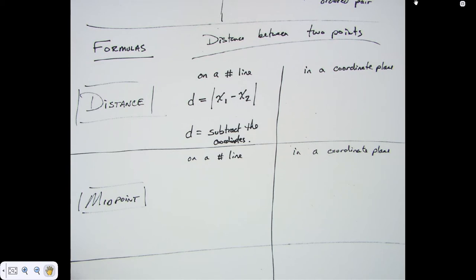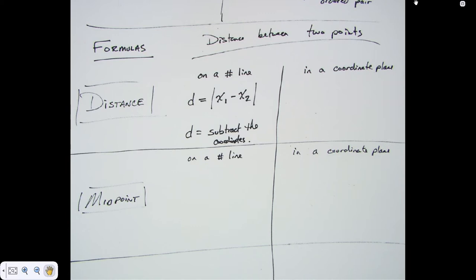So in a way, because we're talking about distance, you almost don't need the absolute value sign, but you have to remember that the distance is always positive. The negative and the positive can sometimes be direction. But when I talk about just the flat distance between two things, I'm not worried about direction, just how far apart they are. So that answer always needs to be positive. Hence, the absolute value.